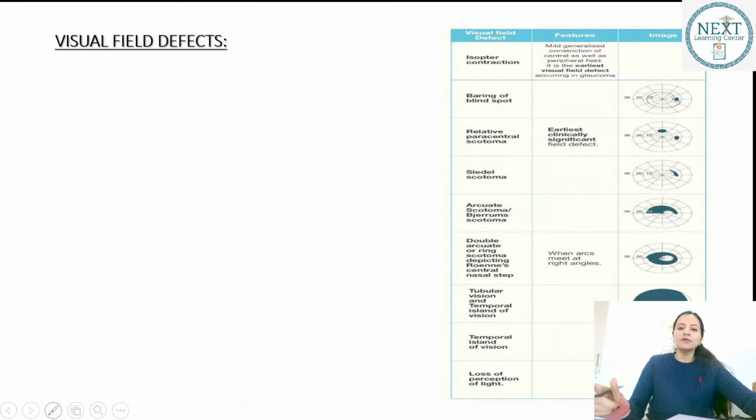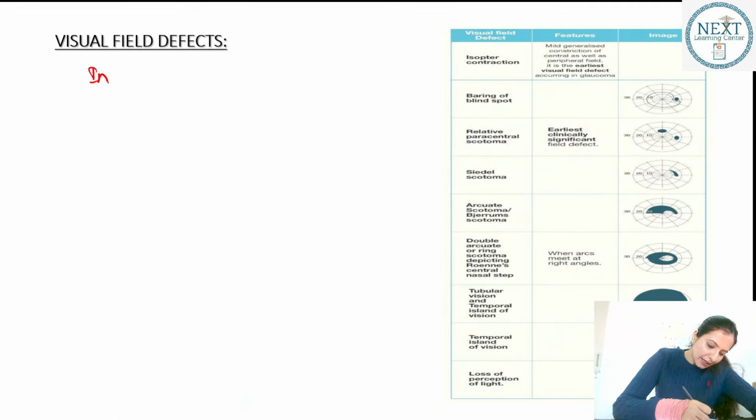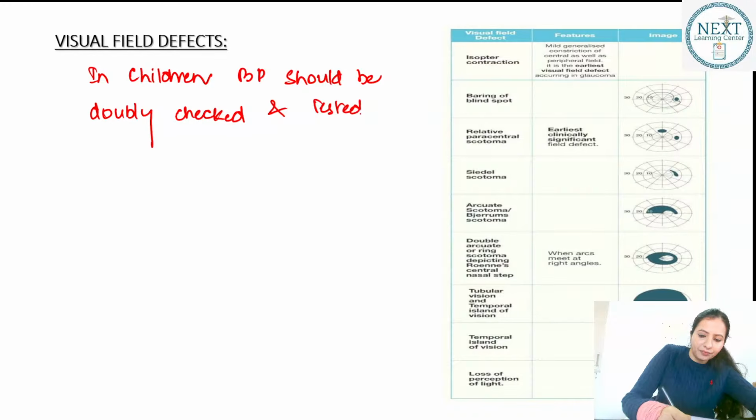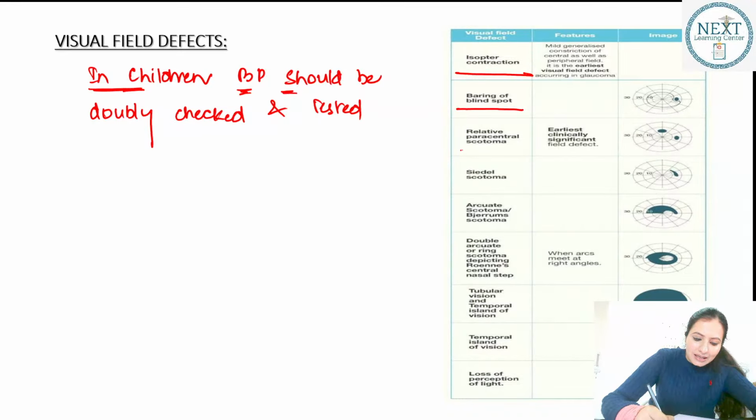Then if you move on to the visual field defects, the mnemonic is: in children, BP should be doubly checked and tested. I is isopter contraction, B is baring of blind spot, P is paracentral scotoma, S is seidel scotoma, B is the Bjerrum or arcuate scotoma, W is double arcuate scotoma.